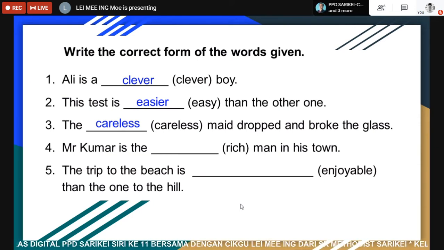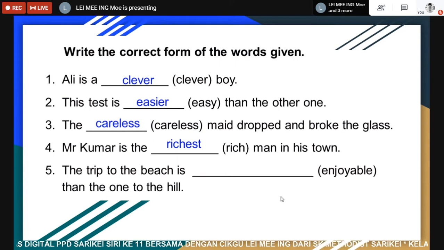Alright, some of you typed the superlative form and some of you typed the comparative form. So look here. We have the in front of our blank, so it is a superlative form, richest, with est added. We are comparing Mr. Kumar with the other men in his town, and he is the richest, so it is a superlative form.